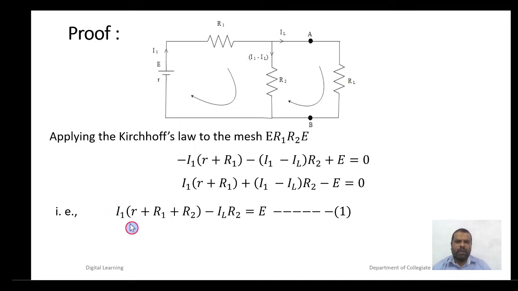I1 (r + R1 + R2) minus IL R2 is equal to E. Call this equation number 1.